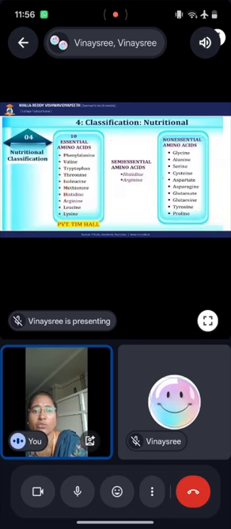Whereas coming to the fourth one, the last classification, it is based on the nutritional. Three types will be there. First one is the essential amino acids, second one is the semi-essential amino acids, whereas third one is the non-essential amino acids.